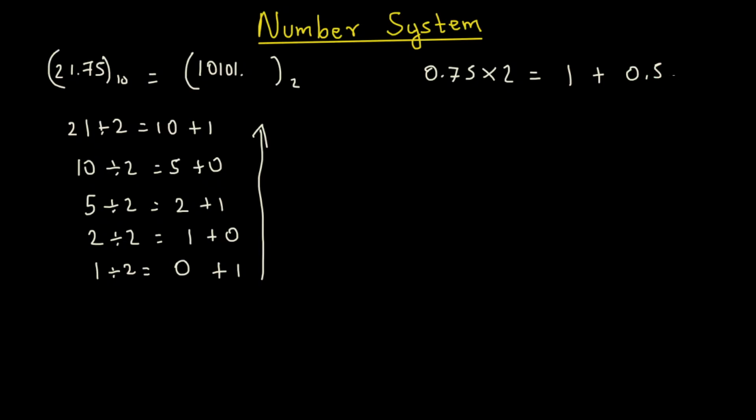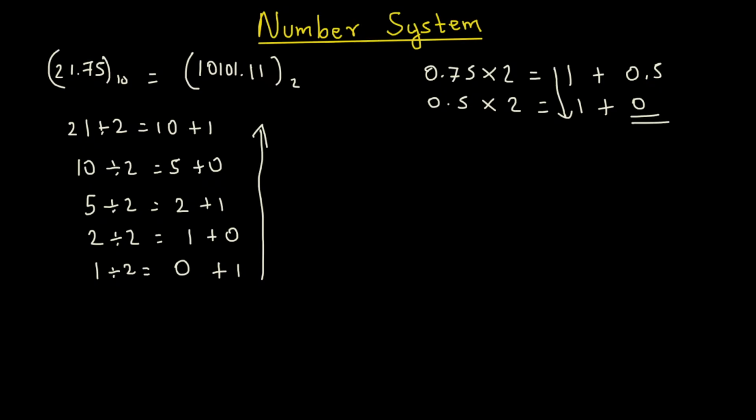Then we keep on multiplying this fraction part by 2 until we get 0. So 0.5 times 2 is 1, and the fraction part is 0. Once we get 0, we stop right there, and this one we read from top to bottom. So this is 11, and that's the binary conversion of this decimal number.